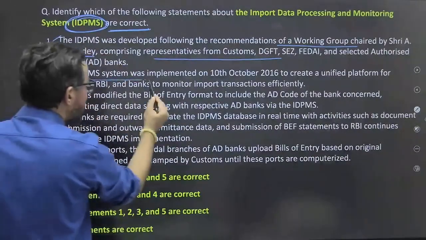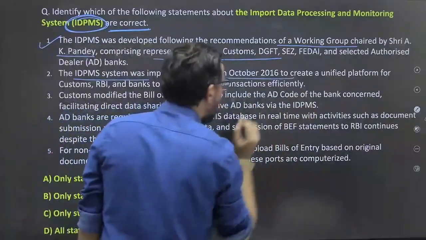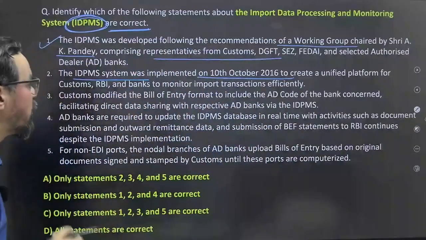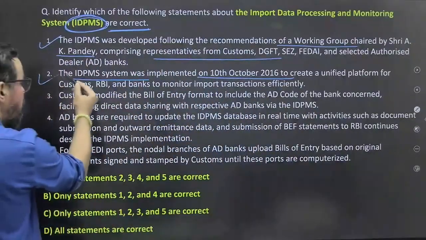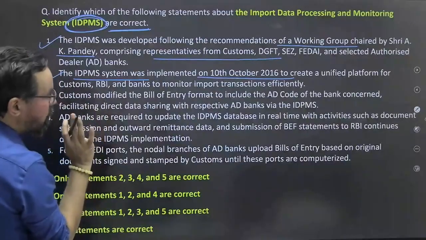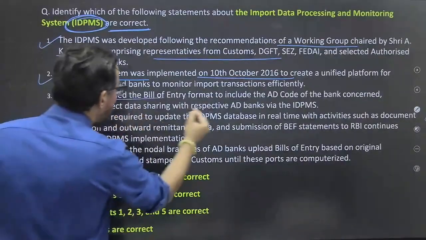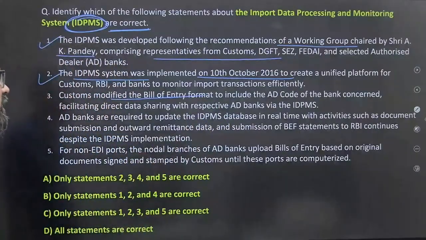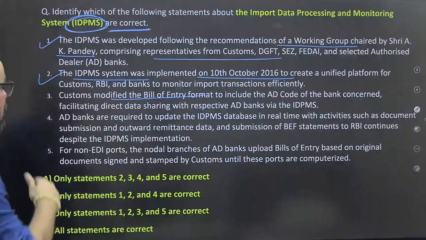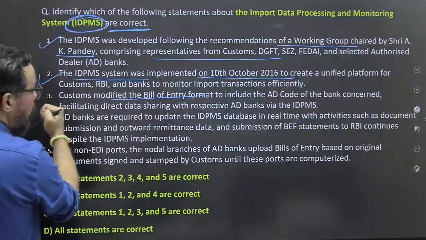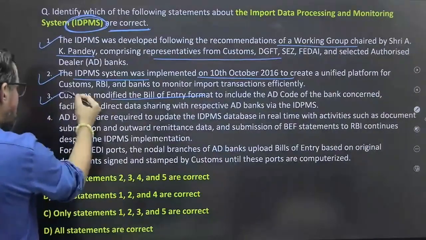The IDPMS system was implemented on 10th October 2016 to create a unified platform for customs, RBI and banks to monitor this. The customs modified bill of entry format includes the authorized dealer code of the bank concerned, facilitating direct data sharing with the respective authorized dealer's bank via IDPMS.